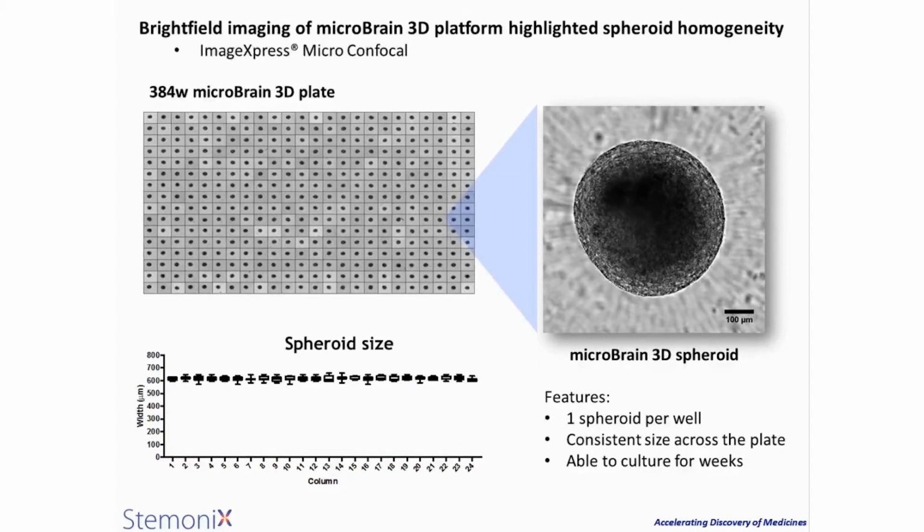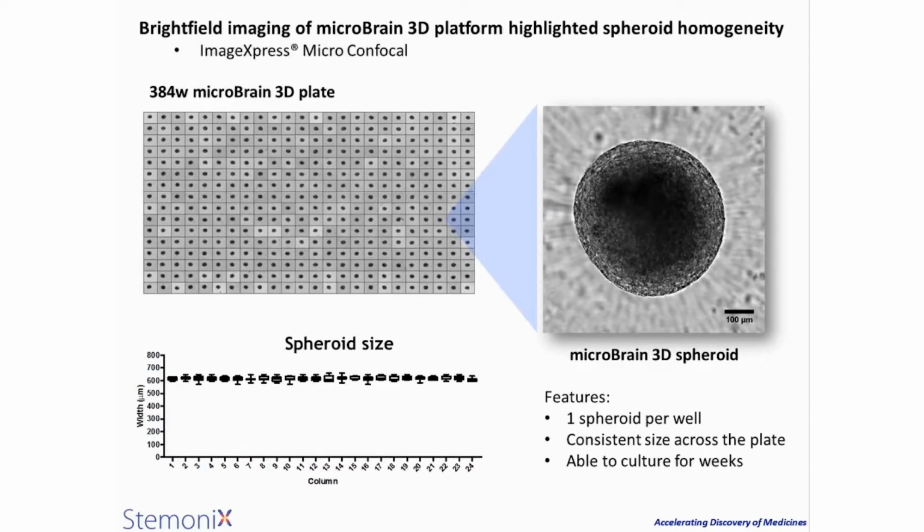So across the plate, there's a lot of consistency in size. The range of these spheroids is around 600 micrometers, so they're not too big, so there is no hypoxia observed in the center, and they're not too small, so we can recapitulate many of the features of the human brain.